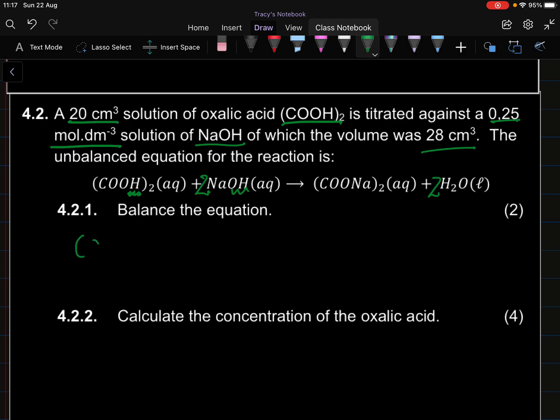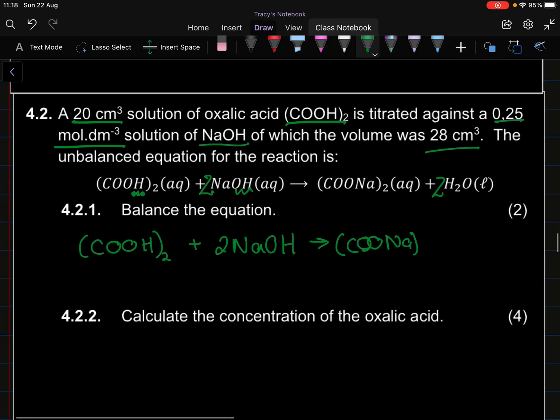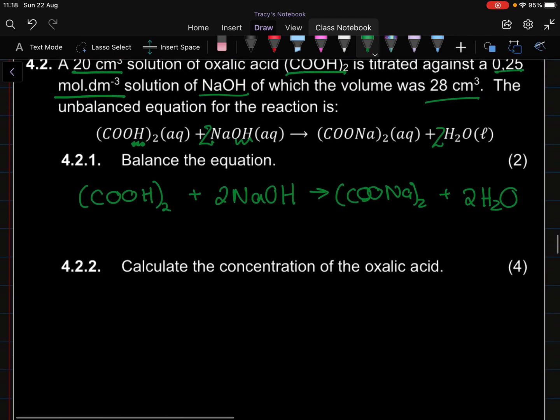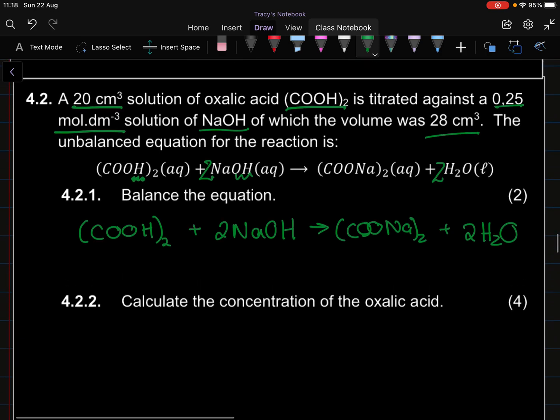So the balanced equation is (COOH)2 plus 2 NaOH gives me (COONa)2 plus 2H2O, and if you go and look at it, that'll definitely already be balanced. Then they ask you to calculate the concentration of the oxalic acid. There's more than one way to do this, okay?